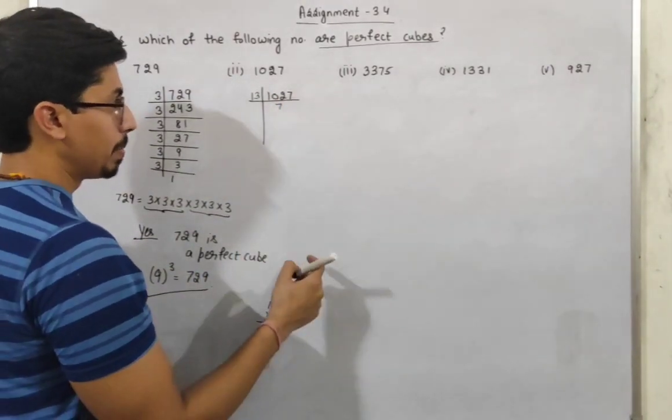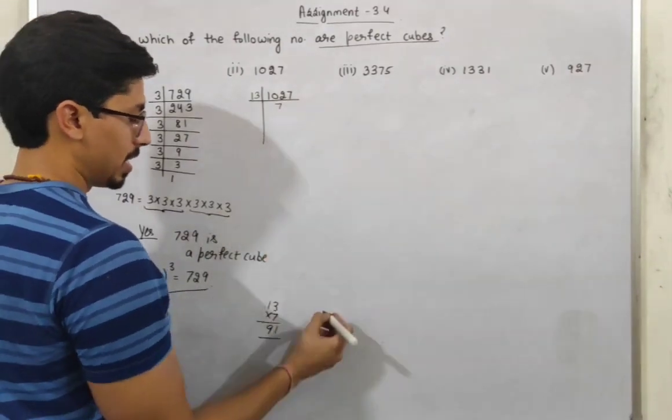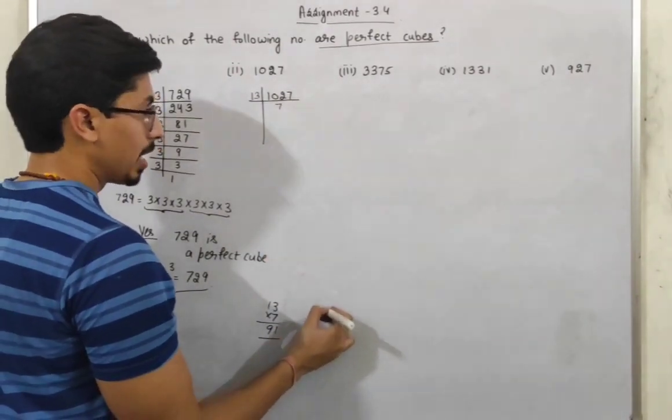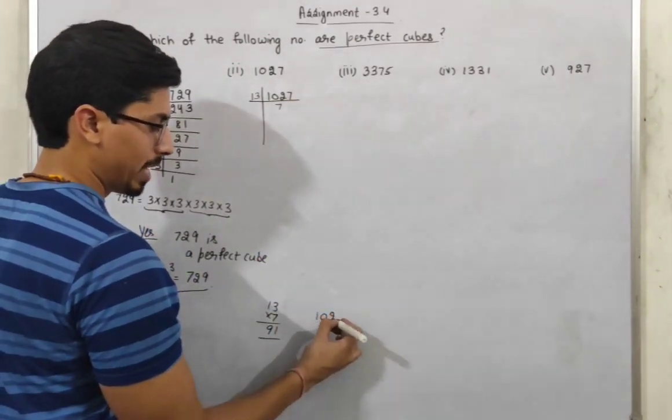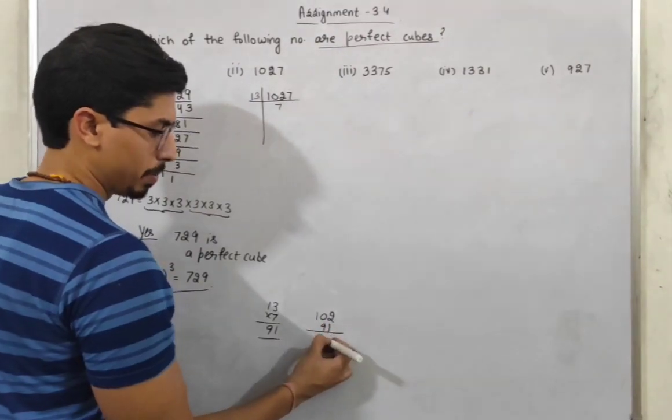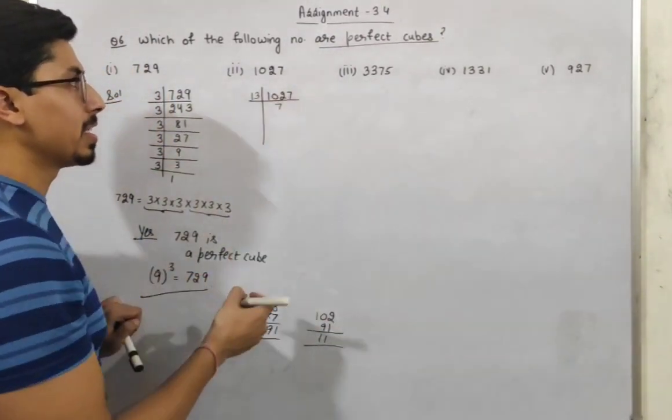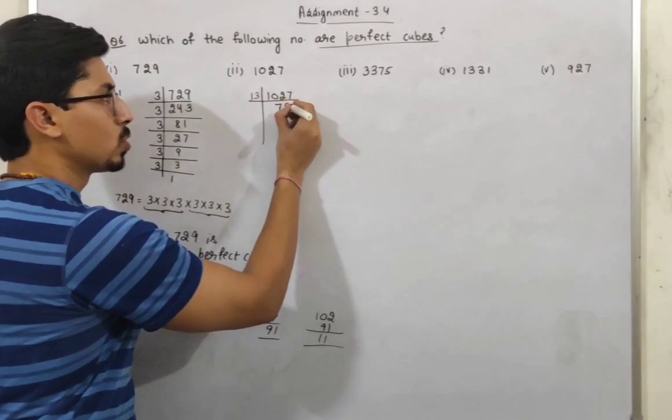So it will be 7, and if I subtract 91 from 102, it will be 11 and the remaining is 7. So we get 79, students.